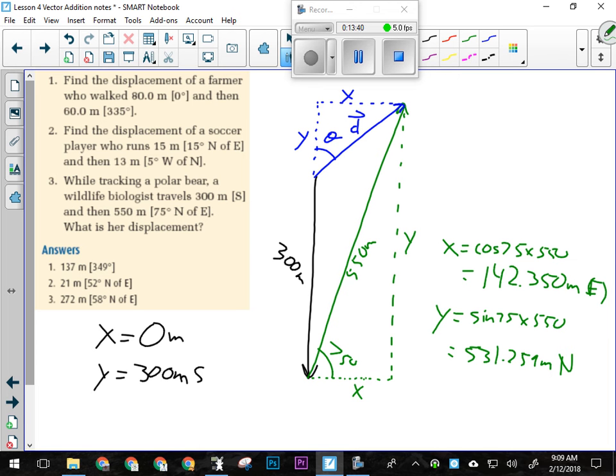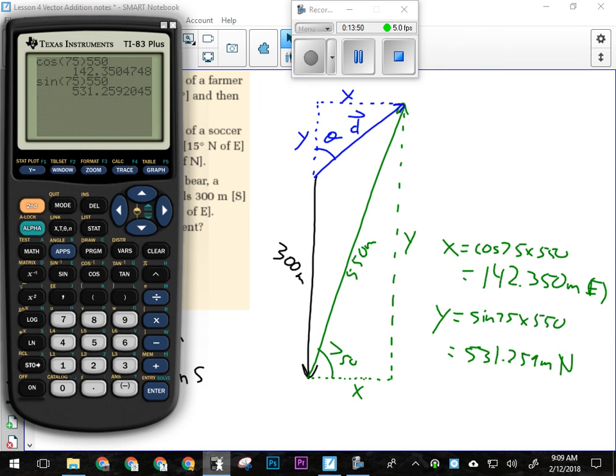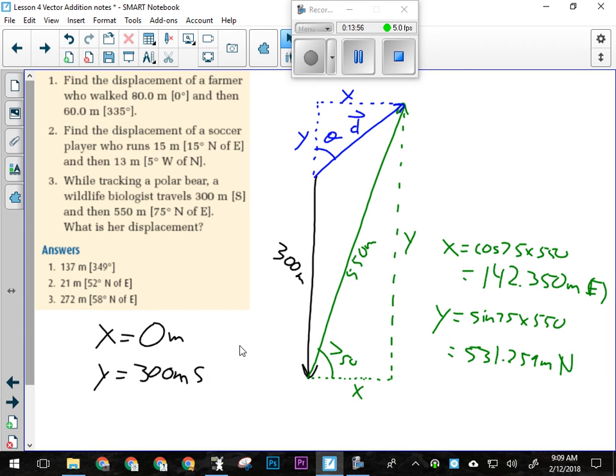And then for my y, I'm going to subtract 531 minus 300 to get the distance north that I have left. So 531 minus 300 is going to be 231.259 meters. Then I can do the Pythagorean theorem to get what d is.